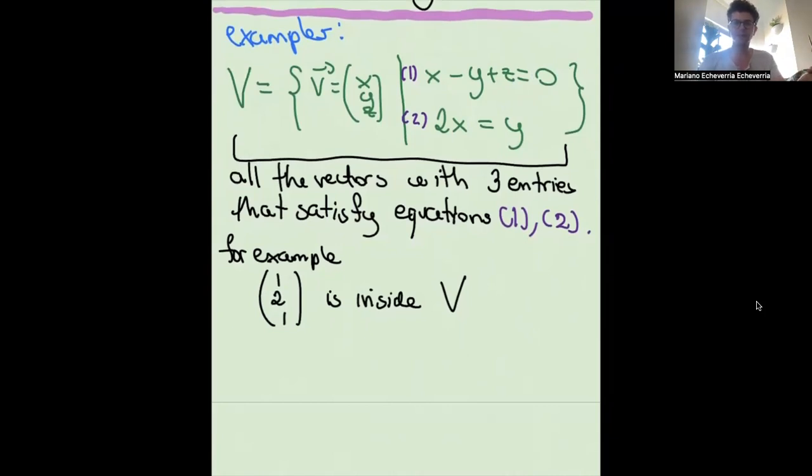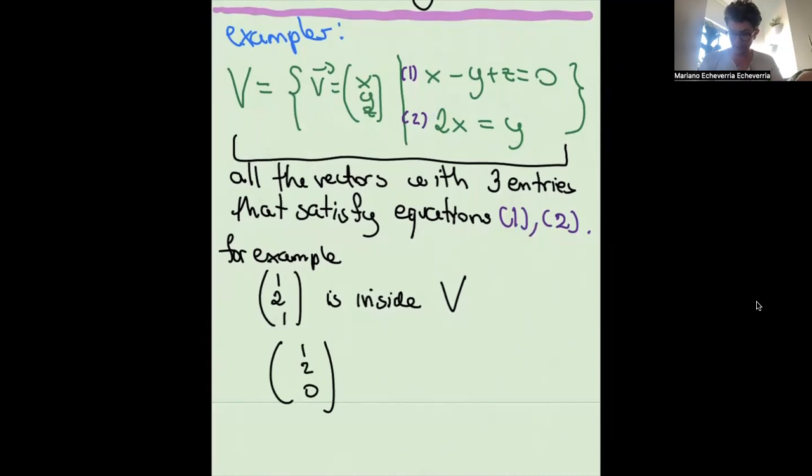Is that making sense? So this is a vector that's in here, but which is a vector that's not in here? One that's easy. Let's put a quick, simple modification on the previous one. If you just take 1, 2, 0, the second equation is satisfied, because y is still 2 times 1.